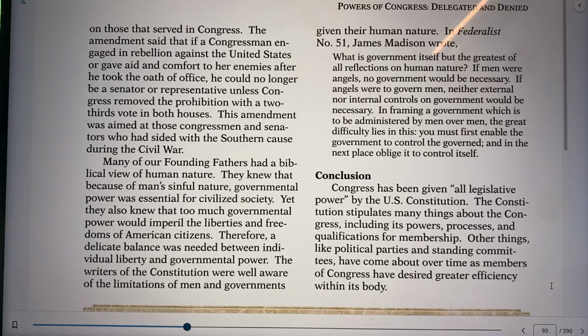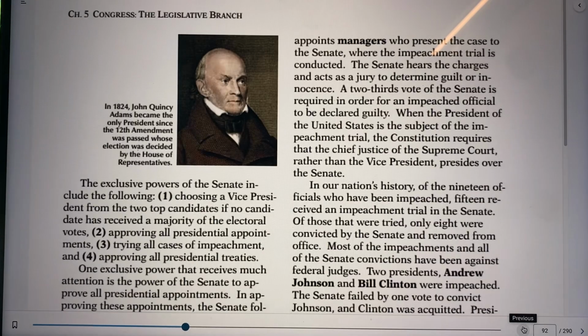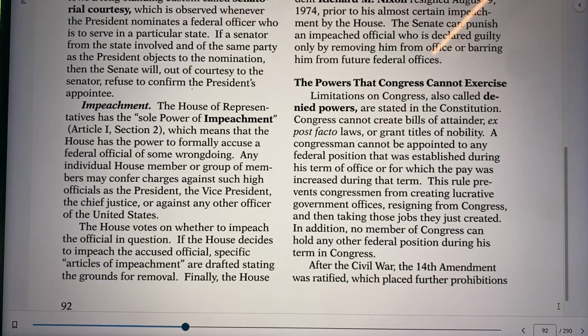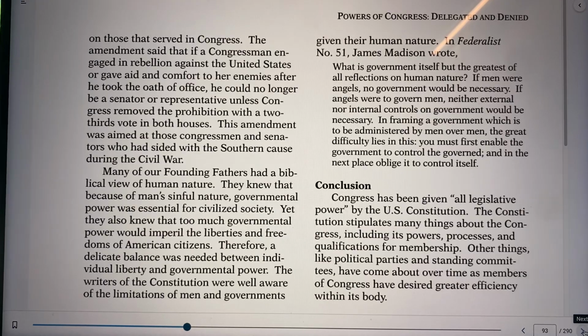So during the Civil War, let me go back. I think I missed this. Okay, yeah. Right. So during the Civil War, the 14th Amendment, Congress engaged in rebellion against the United States, basically saying that there were a lot, because we had the North and the South, right?